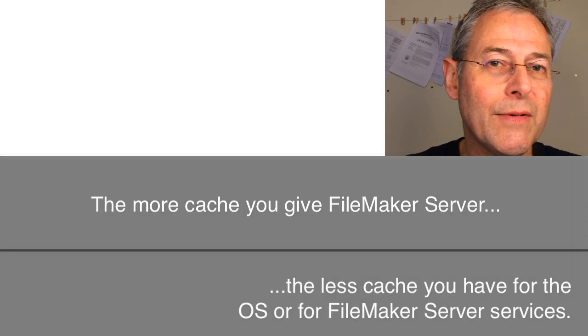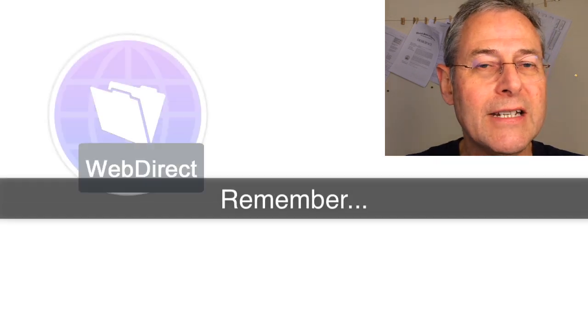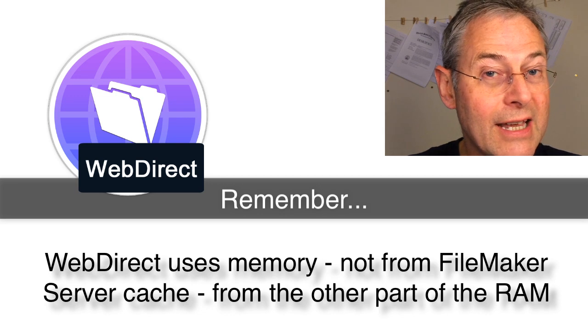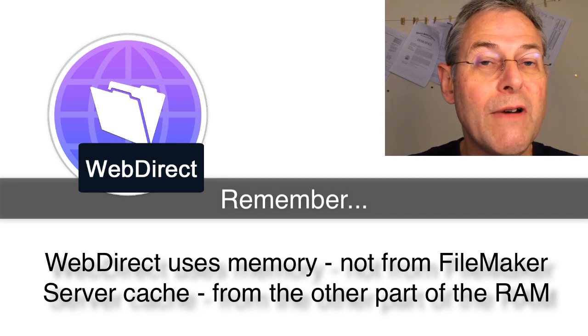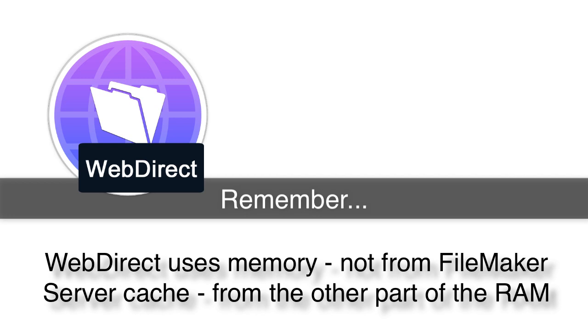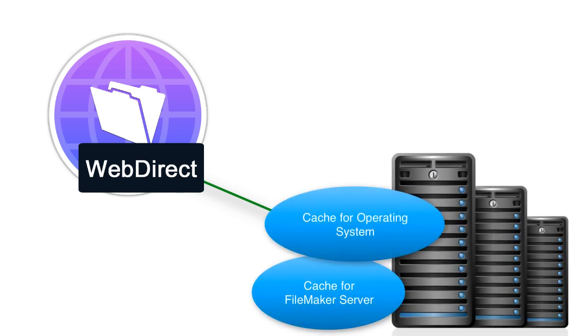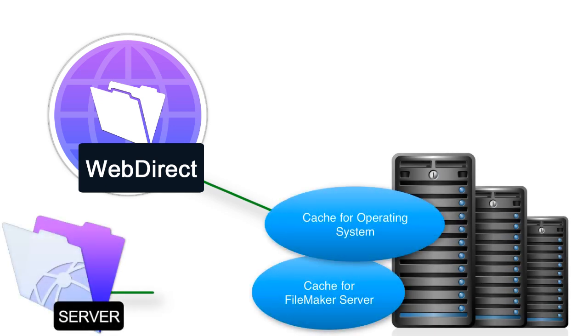And you then need to remember that WebDirect is actually using memory, not from FileMaker Server cache. WebDirect is using RAM from the part that hasn't been grabbed for cache, the part allocated to the operating system.